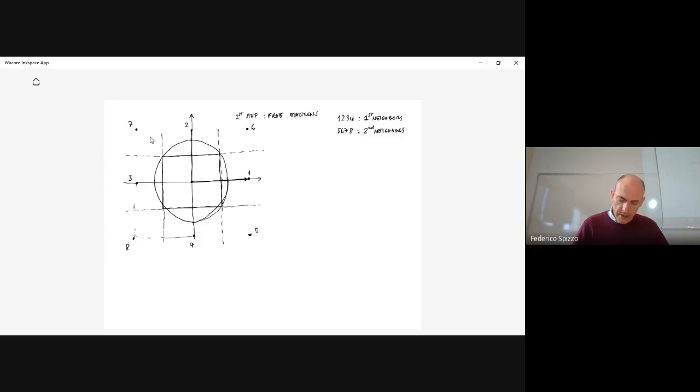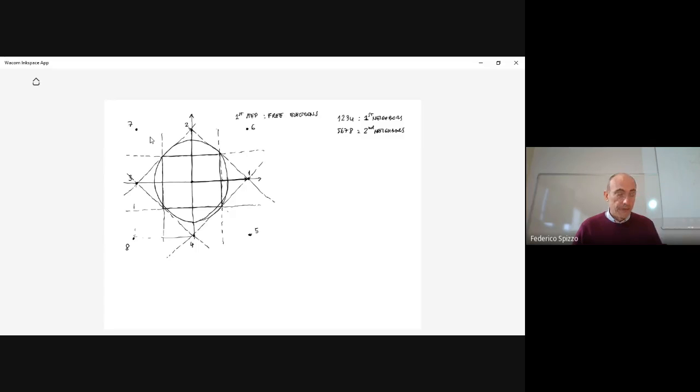In this case, I use exactly the same method. So I connect, for instance, with 5, divide into 2 parts this vector, and then I draw.